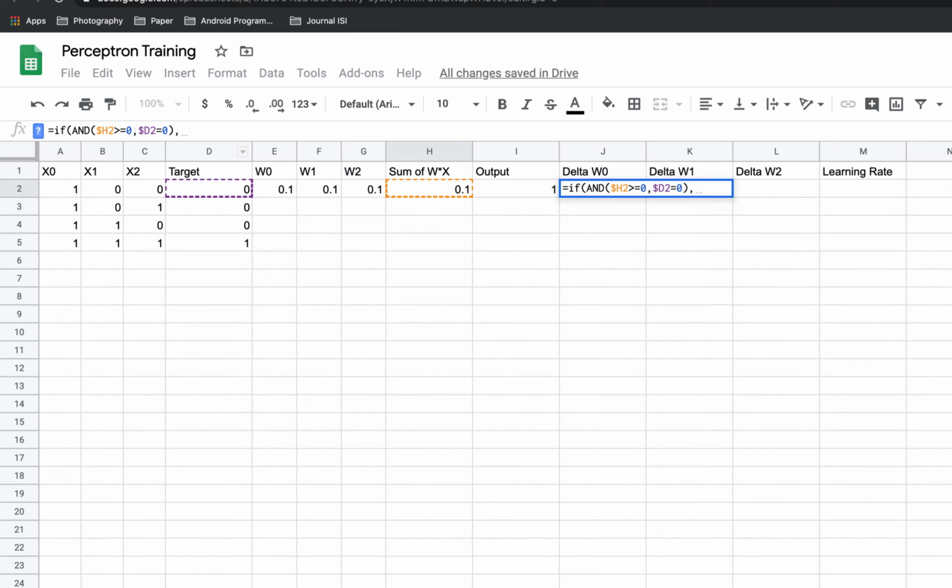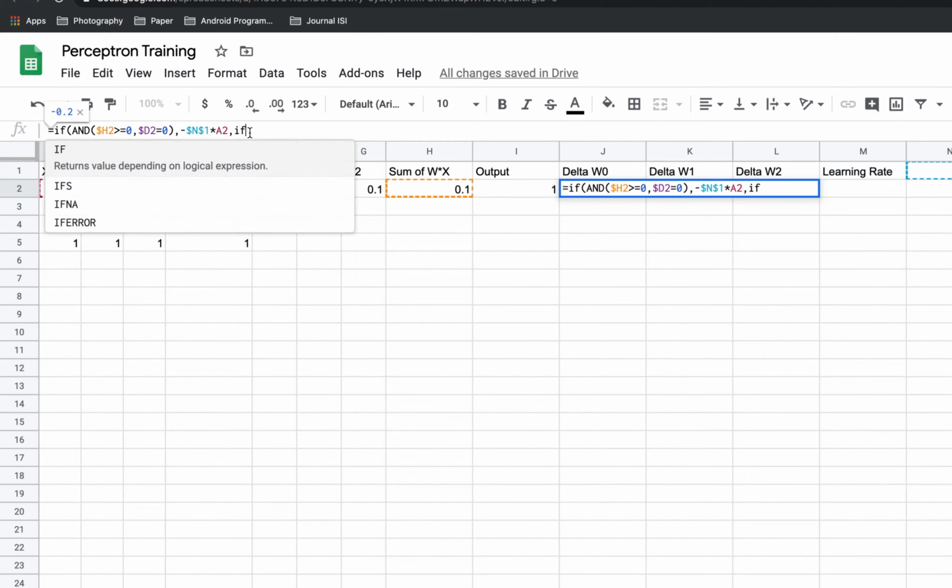So you have to adjust using the learning rate eta times x0, right? If the result is positive and the class is negative, you have to adjust w minus eta x. So this one will be delta.